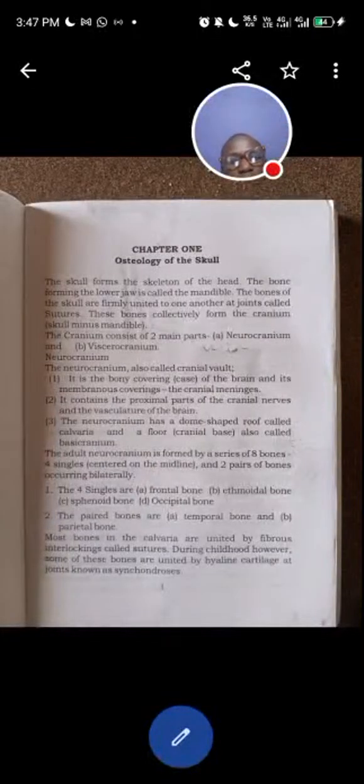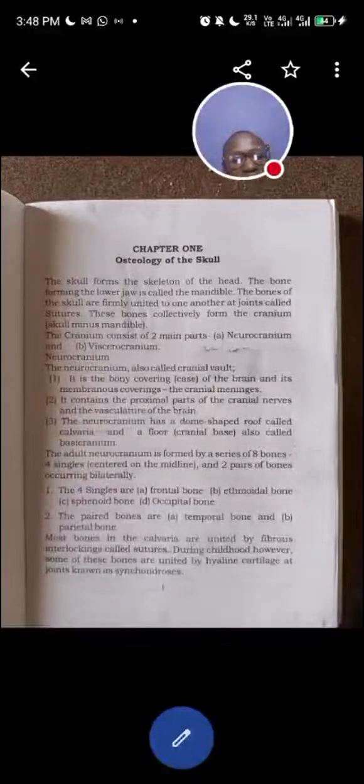We said the neurocranium is the bony covering of the brain and its membranous covering called the cranial meninges. It contains proximal parts of the cranial nerves and the vasculature of the brain.